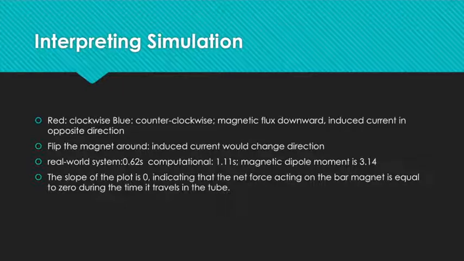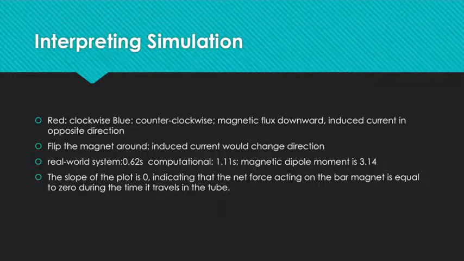So for interpreting the simulation, the red ring represents the clockwise current and the blue ring represents the counterclockwise current. That is because when the magnet is falling down the tube, the magnetic flux is downward. So according to the right hand rule, it is experiencing a clockwise current, and that is for the red ring.